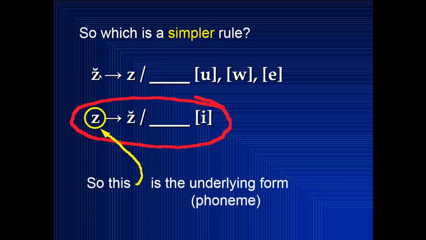So we can talk about two different rules. We can say this sound becomes z when it is followed by this one, this one, this one. Or we can have another rule. This sound, z, becomes j in the context where it is followed by just e.